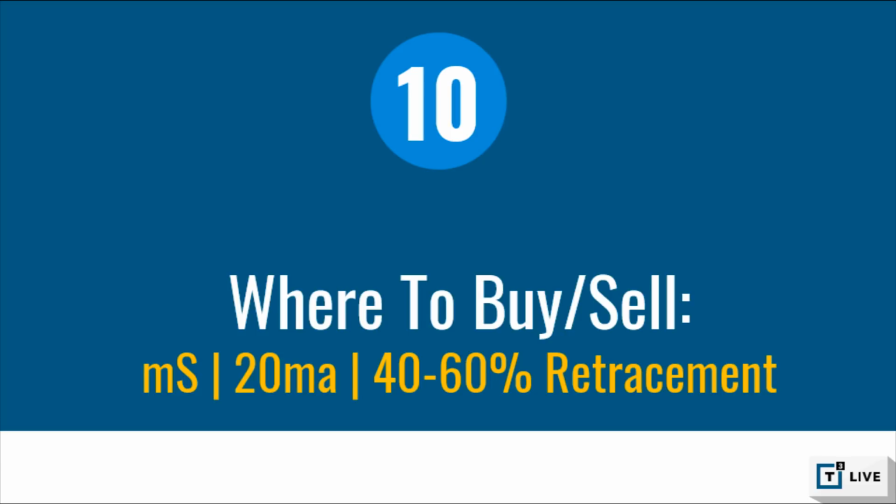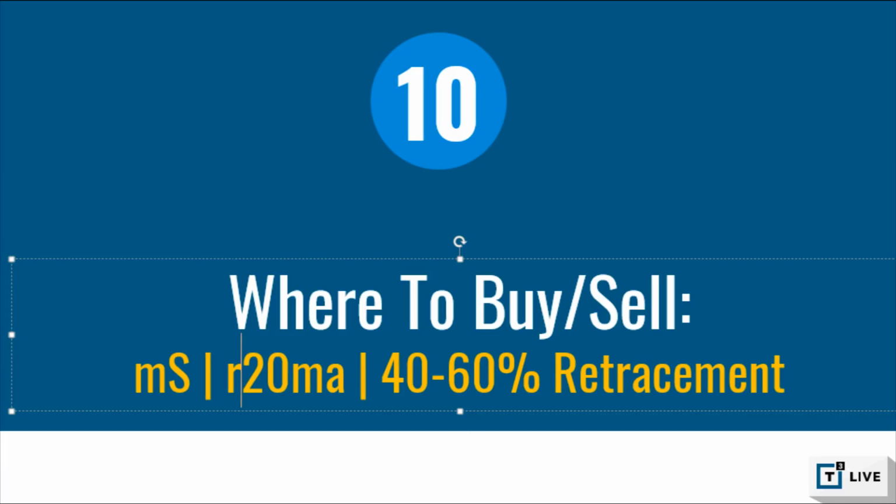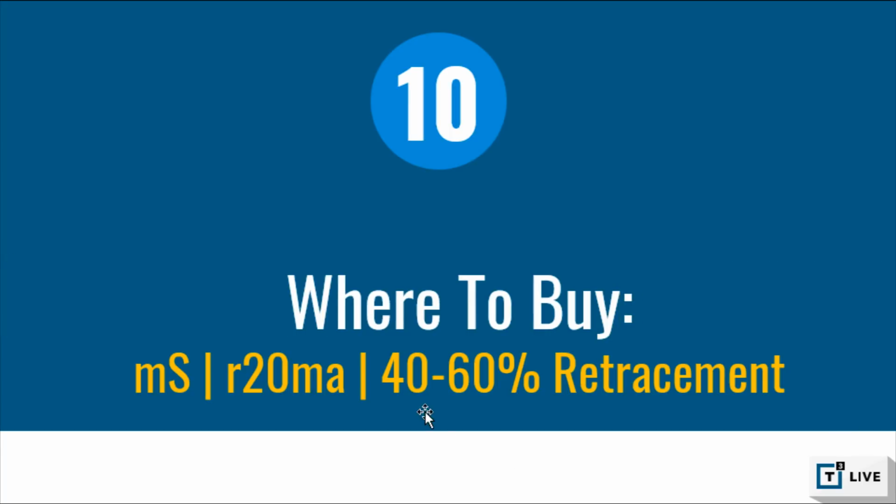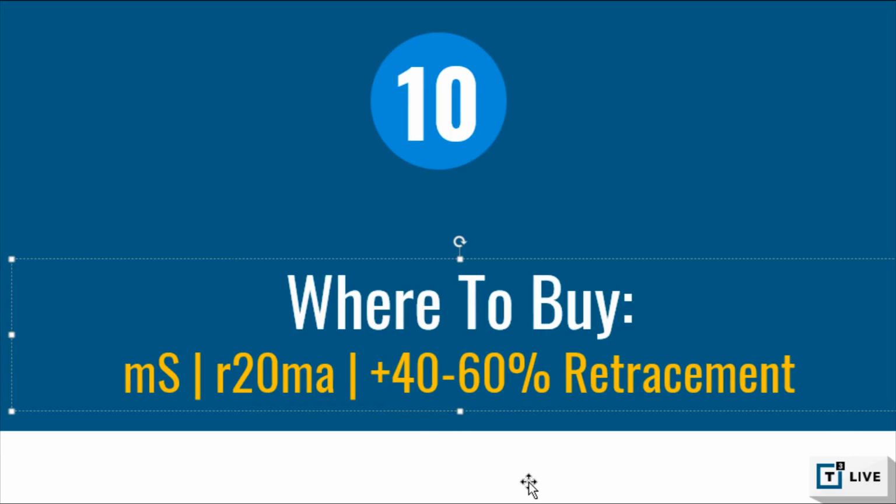The main three areas, if the stock is in an uptrend, are at minor support, which we already covered, the rising 20 period moving average, which we haven't covered, or at the 40 to 60% retracement level.